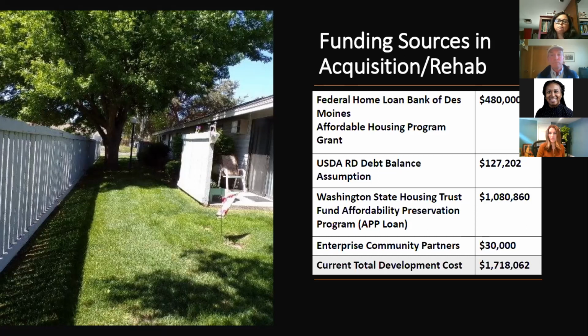There's also the USDA debt assumption, the Washington State Housing Trust Fund preservation program, and also Enterprise Community Partners, totaling the project cost for acquisition and rehabilitation at 1.7 million for Sunnyside Manor.